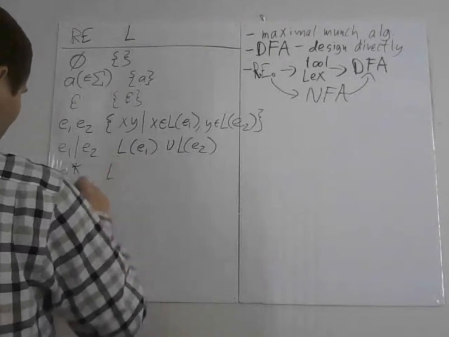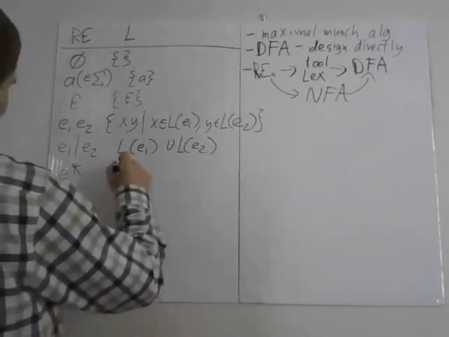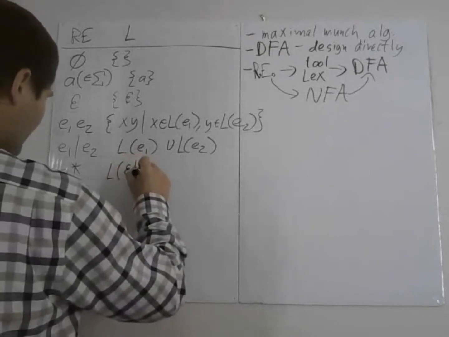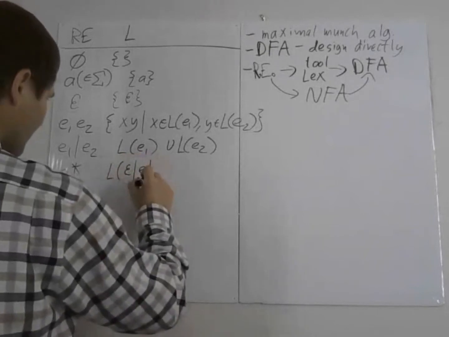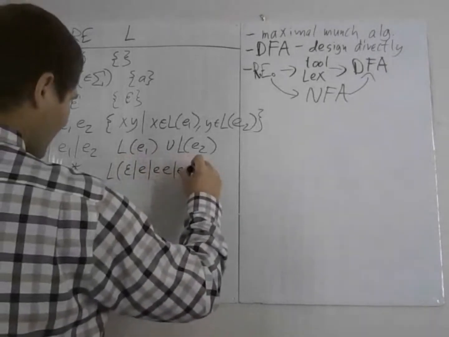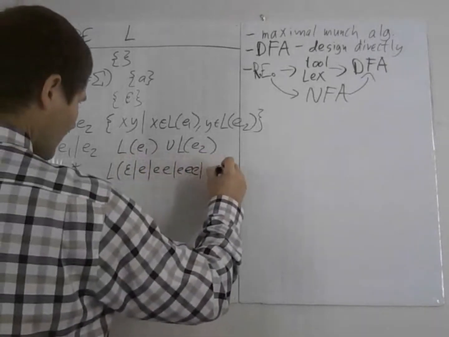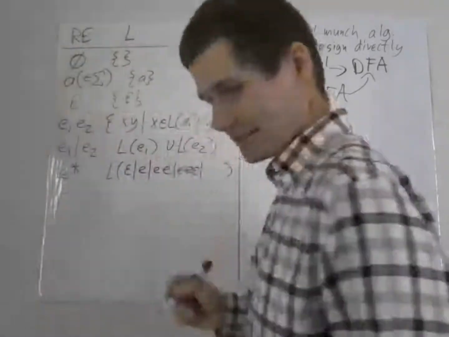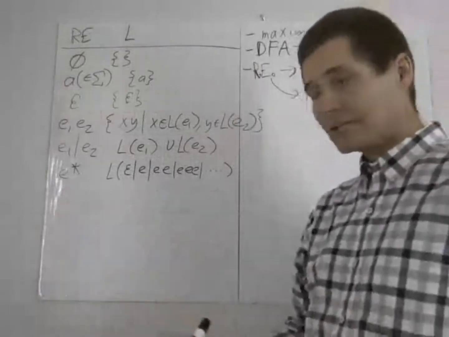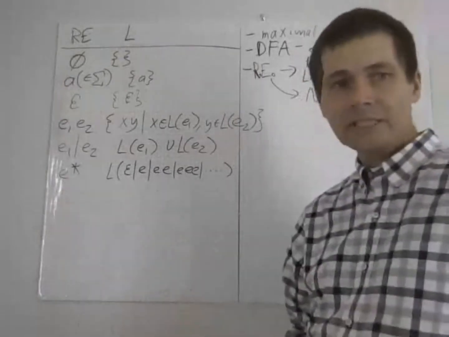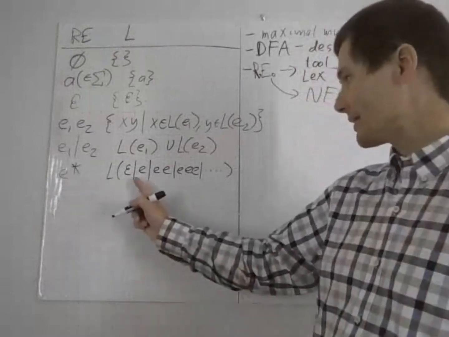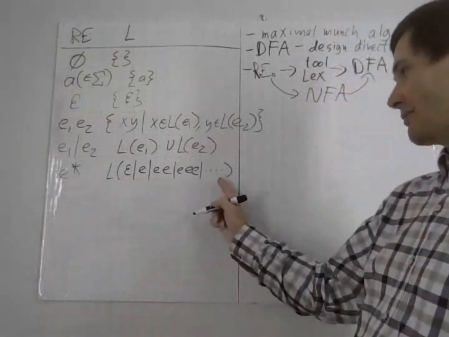And so I can take a regular expression, put a star on it, and then its meaning is, informally, any number of repetitions of E, including 0. Okay, so the meaning of E star is the language that you would get with this infinite union, right?